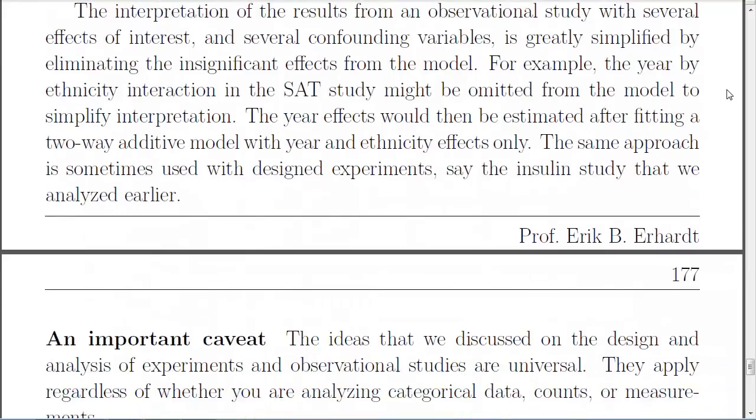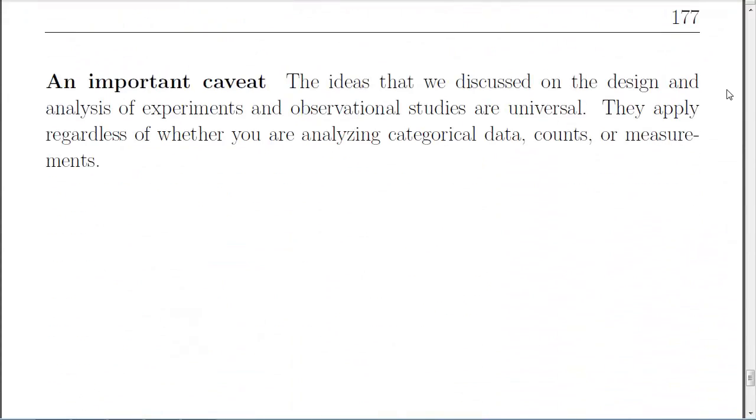All right, there's lots of discussion here that is worth reading on your own. The important closing here is this idea of adjusting for the things you can't control, meaning we can't control the density of ethnicity in our sample of SAT students. So we should include ethnicity in the model.